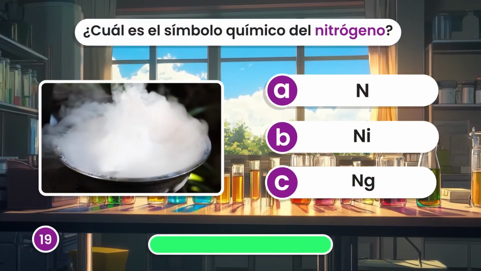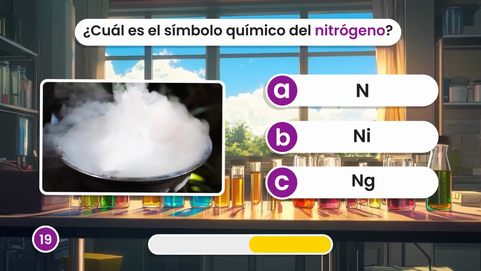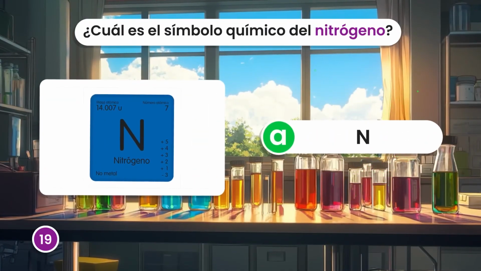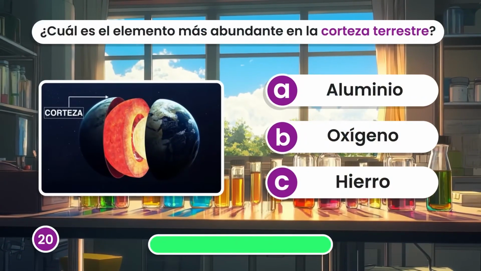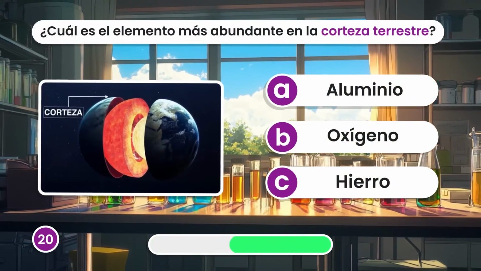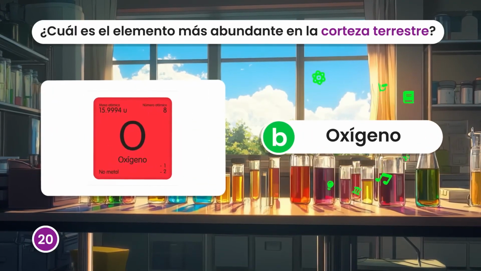What is the chemical symbol for nitrogen? What is the most abundant element in the Earth's crust? Oxygen?